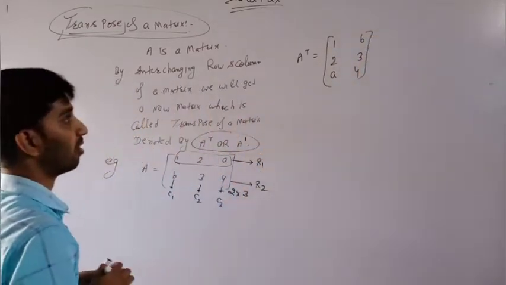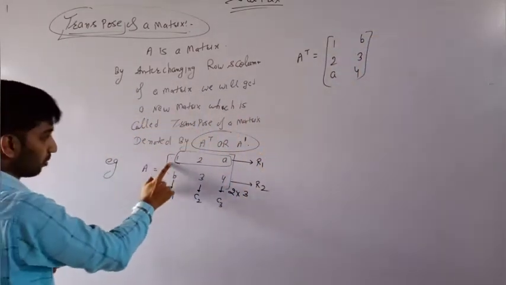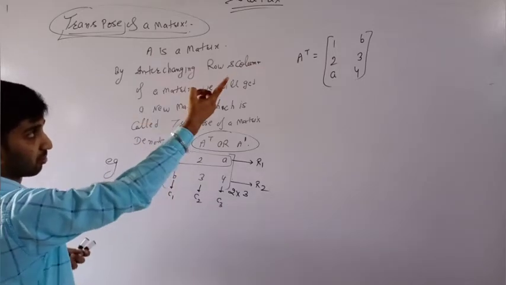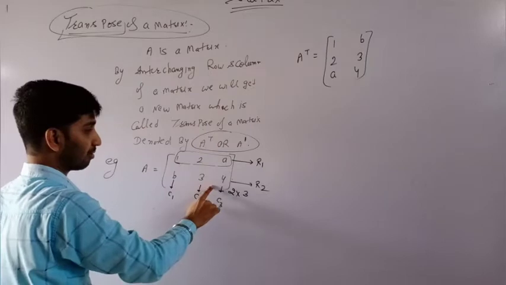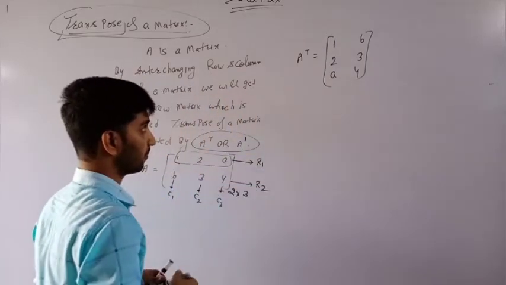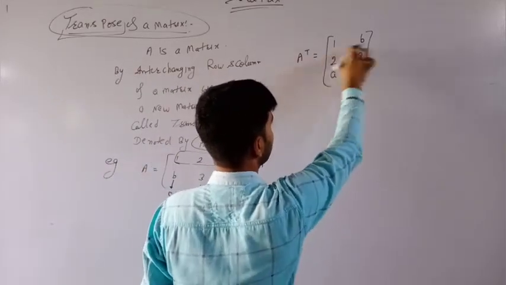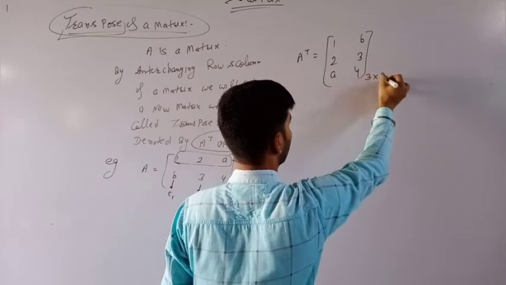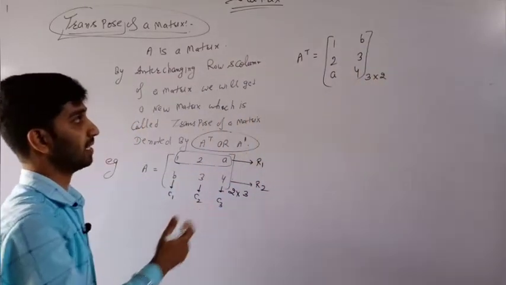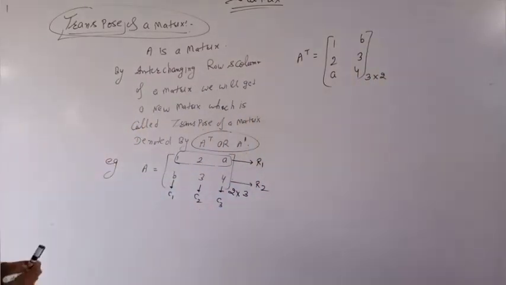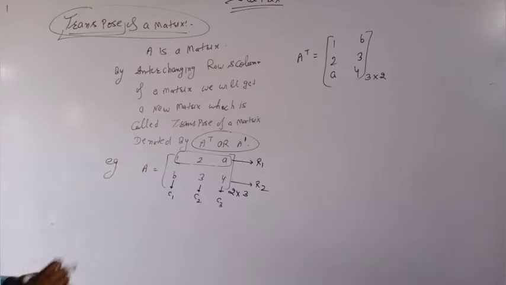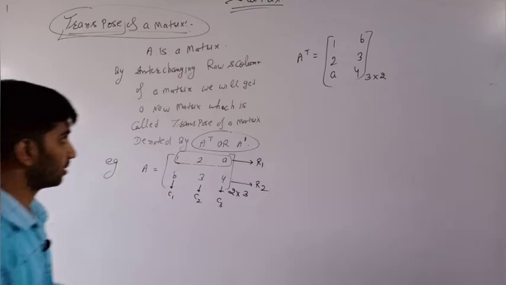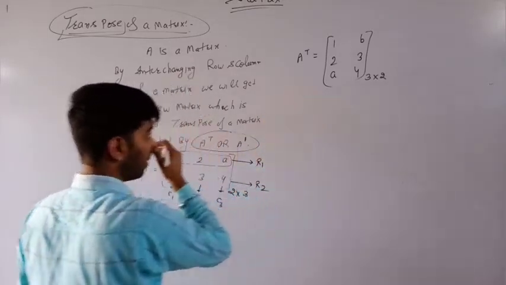And the columns are also interchanged into rows. The first column now makes the first row, the second column makes the second row, and the third column makes the third row. Now the order of A transpose is 3 multiply 2. If we interchange the rows and columns of a matrix, we obtain the transpose of a matrix.